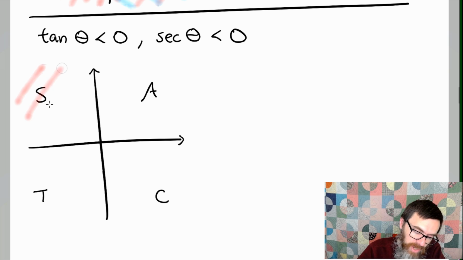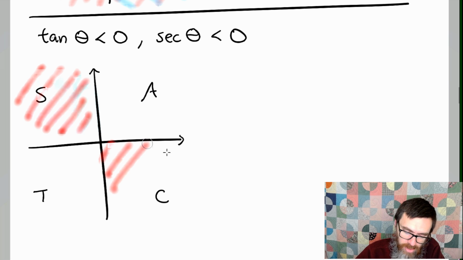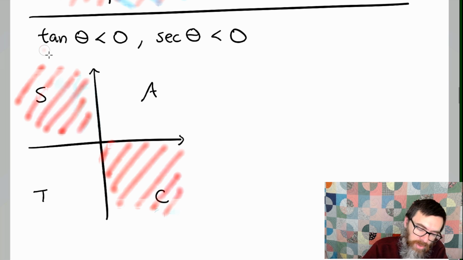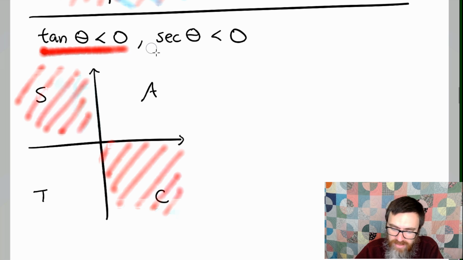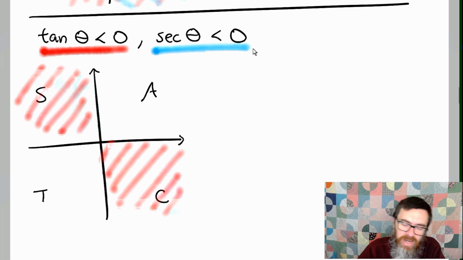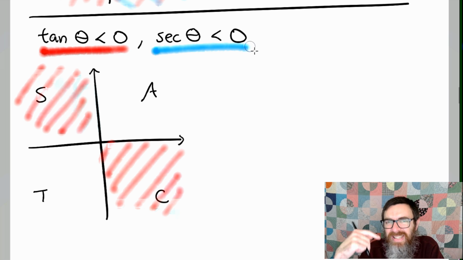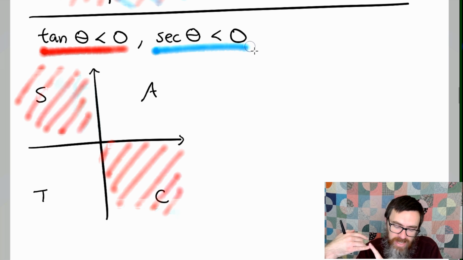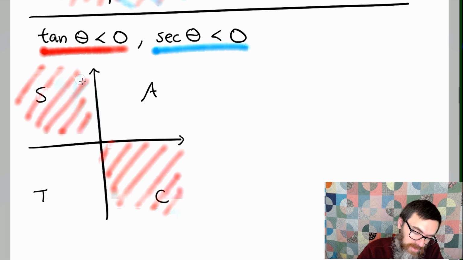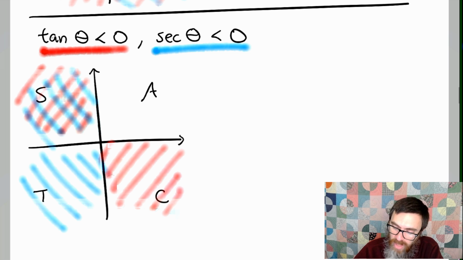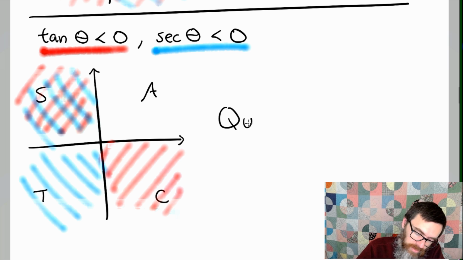So it has to be either here or down here. That's where tangent is going to be negative. For secant to be negative, think to what secant is related to. Secant is connected to cosine. So if the secant is going to be negative, that means cosine has to be negative. And cosine is negative over here and over here. So the intersection of these two quadrants is going to be quadrant 2.